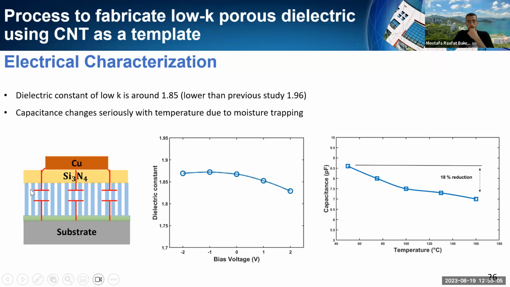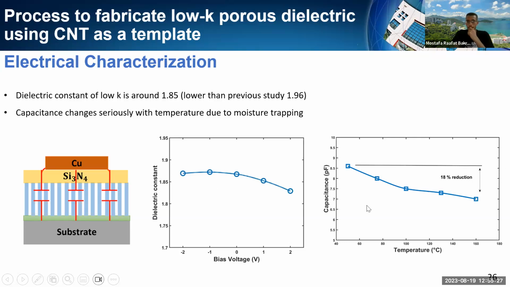We built the capacitor structure as shown here, and we measured the dielectric constant, and the average value is around 1.85, which is even lower than previous studies for a similar dielectric structure.